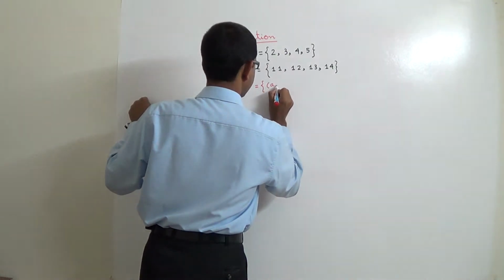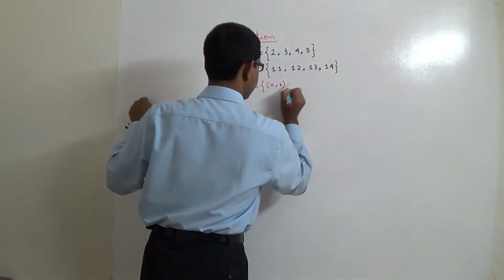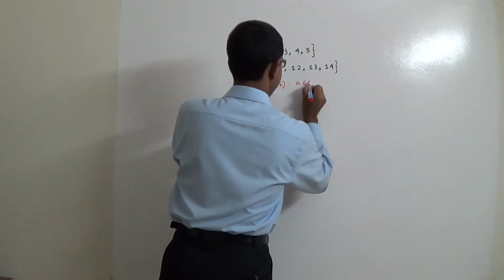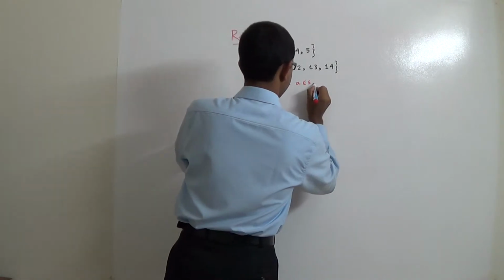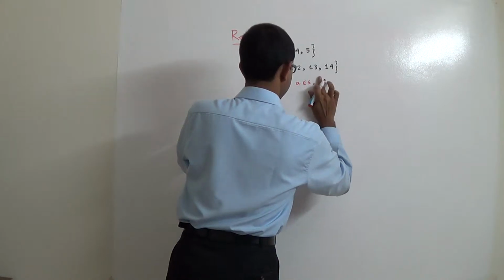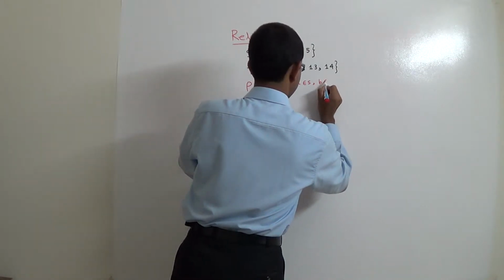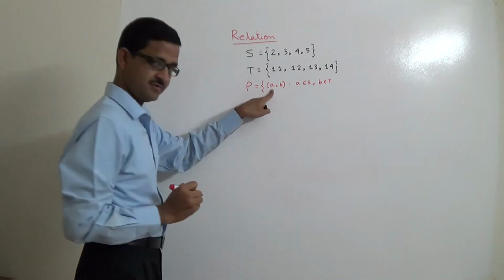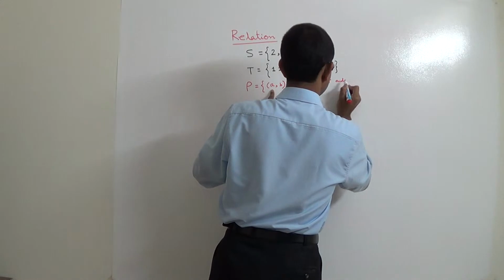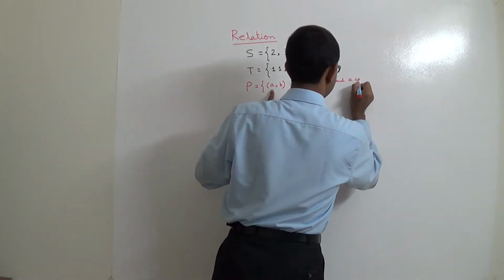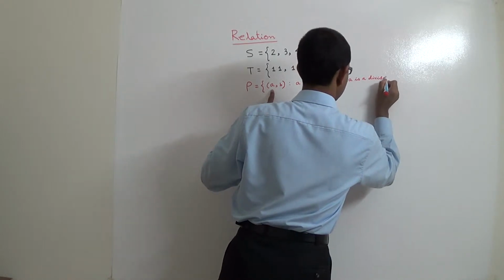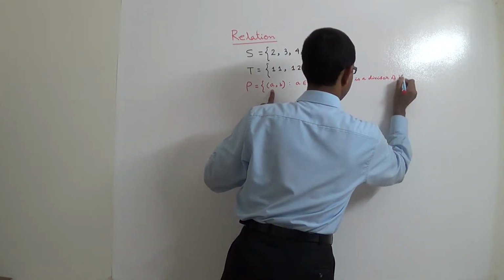It should contain A comma B, where the first element A belongs to the set S and the second element B belongs to the set T, and A is a divisor of B.